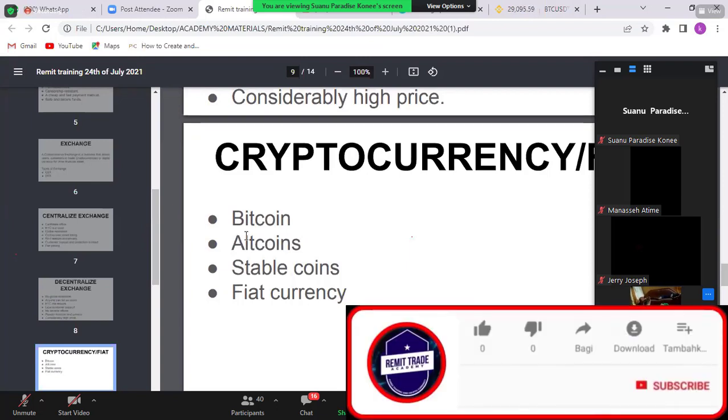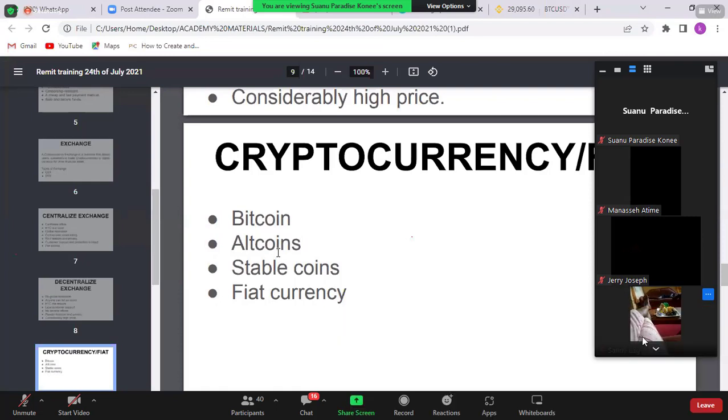We have Bitcoin as the number one cryptocurrency ever created, and then we have altcoins. Now, some of us must have been hearing altcoins, and then we'll be like, what is an altcoin? Altcoin is another name for alternate coin. So, alt is the short form of alternate, right?